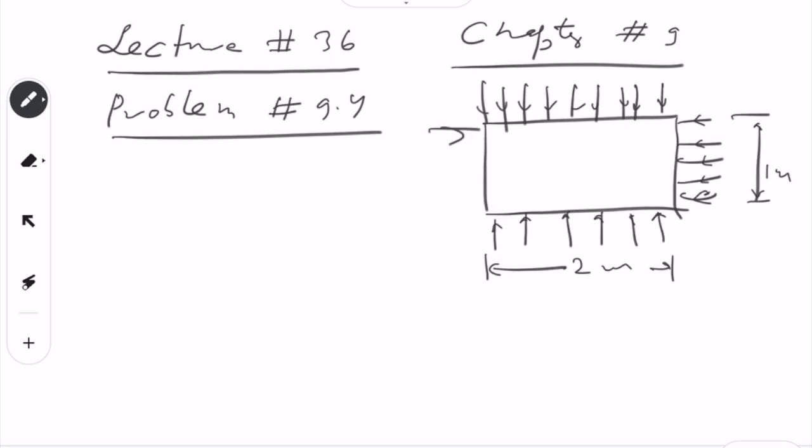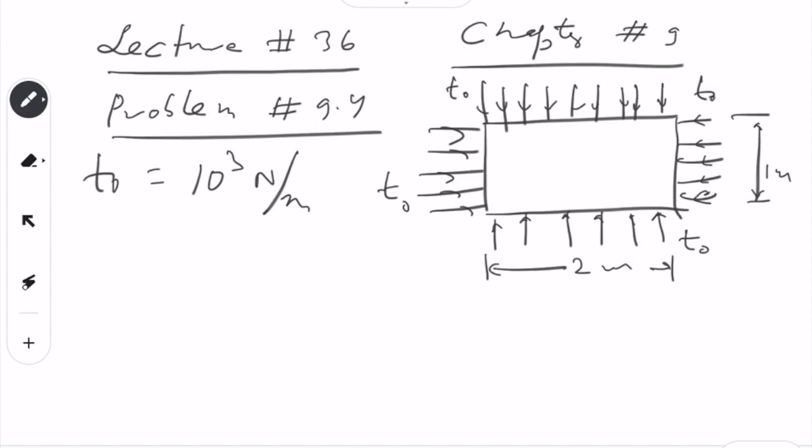Similarly here, compressive in nature from all around, and the value is T naught. So, this is T naught, T naught, T naught, T naught. T naught is equal to 10 to power 3 Newton per meter.